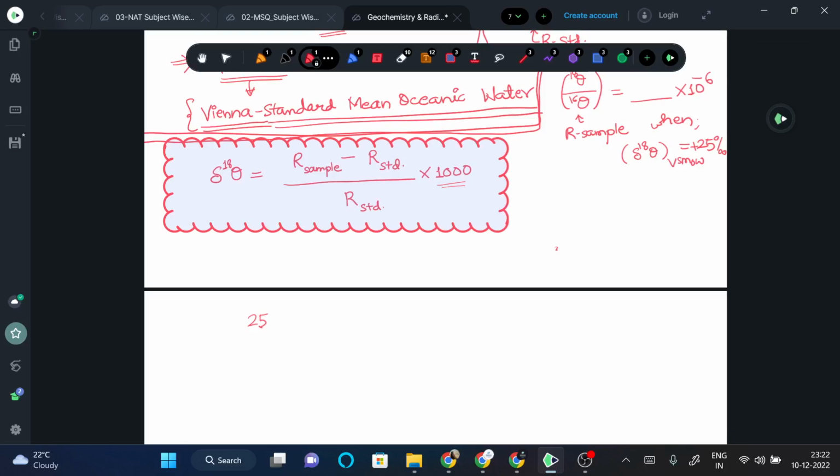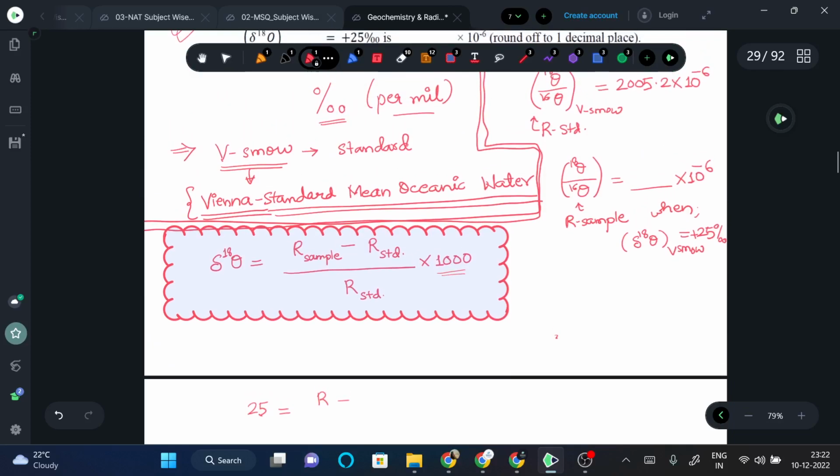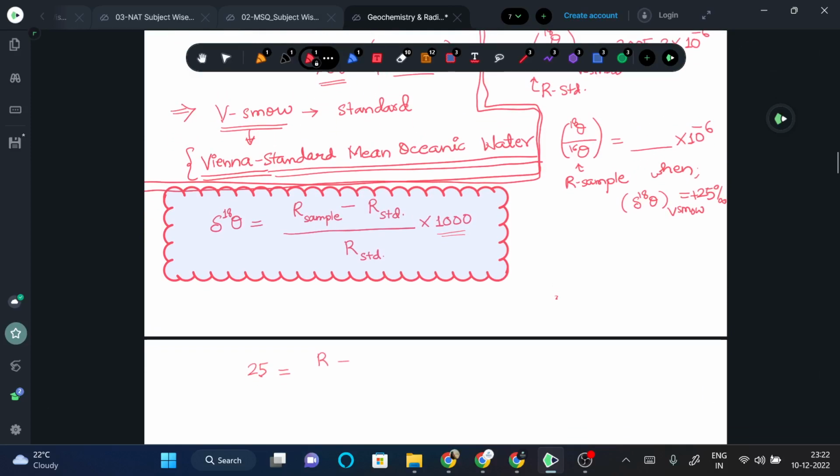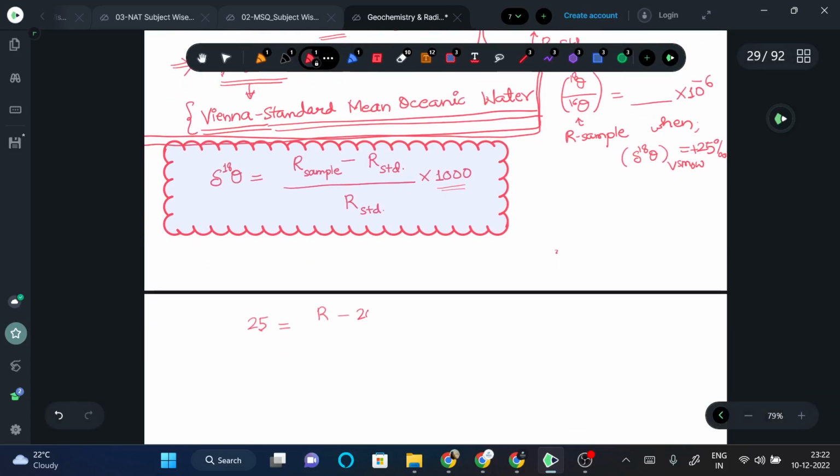Since we have already written the 1000 on the RHS, we will not write 25 by 1000 here. So 25 is equal to R sample, let's write it as R, which is what we need to find out, minus R standard, which is 2005.2 into 10 to the power minus 6, divided by 2005.2 into 10 to the power minus 6, into 1000.